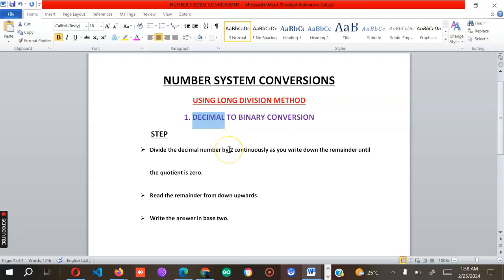So you divide the number by 2 continuously, writing down the remainder, until the quotient is 0. After you get the quotient 0, you read the remainders from downwards going upward. Then the final part is to write the answer in base 2. I hope at this point we are together.